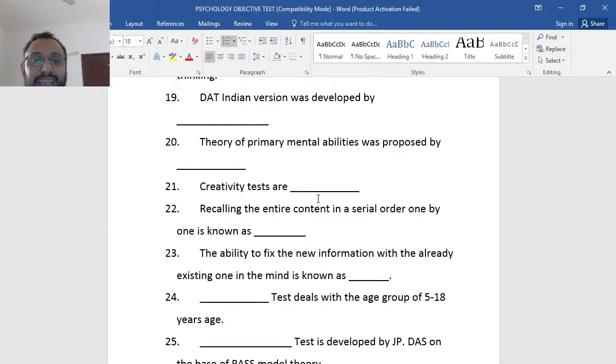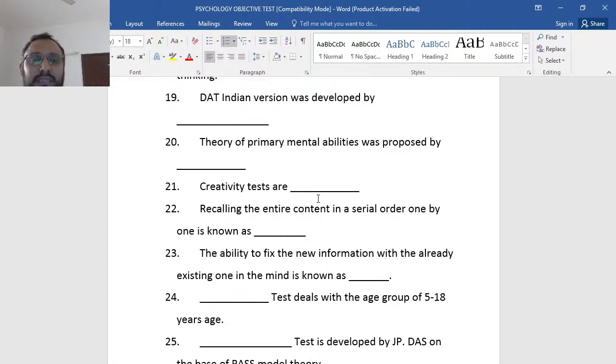Now, recalling the entire content in a serial order one by one is known as, if you are able to recall the content, whatever you learn, in a serial order one by one. If you observe this area, just look into PASS model theory.